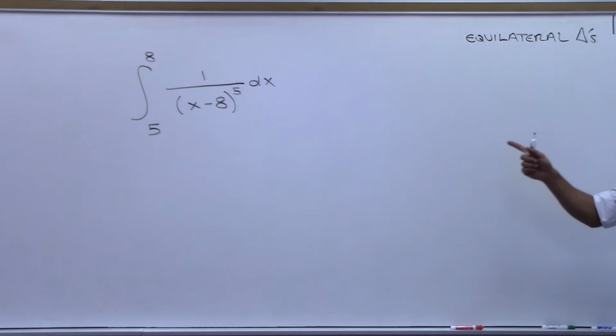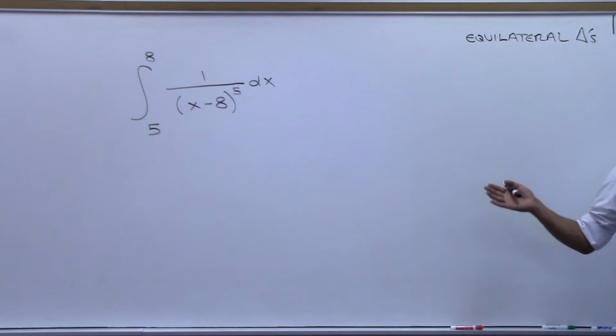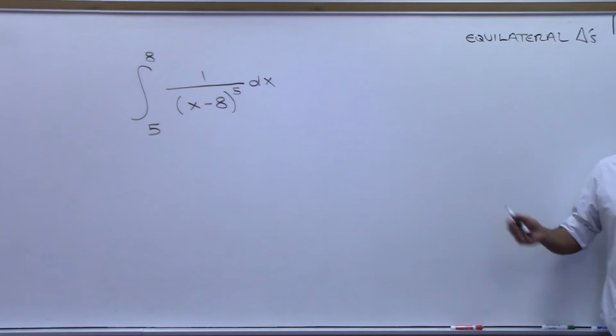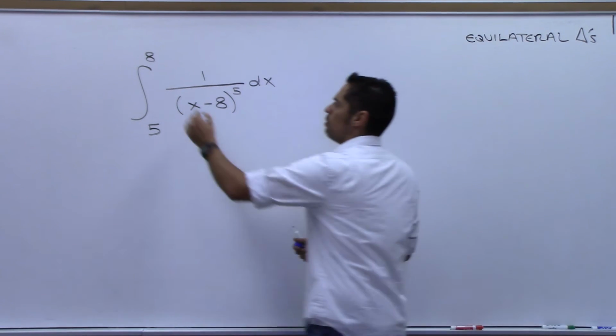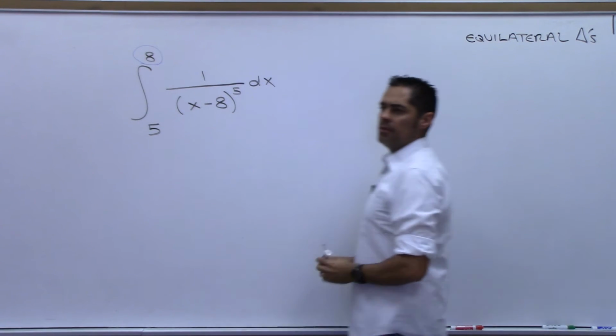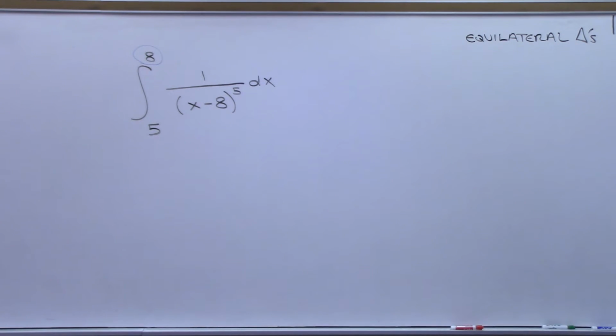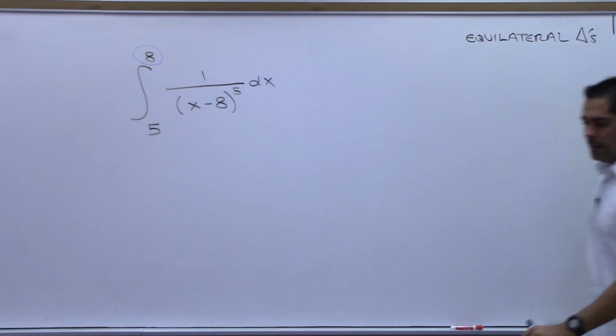The dangerous thing about this is that a lot of people don't recognize that this is an improper integral. They don't realize that if you plug 8 in, it's undefined. So we have something really bad happening at one of the endpoints of the interval of integration here.